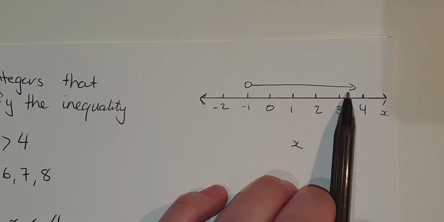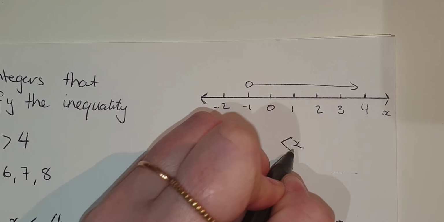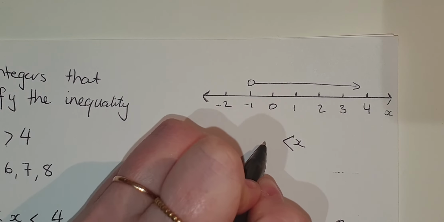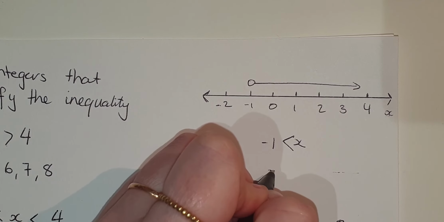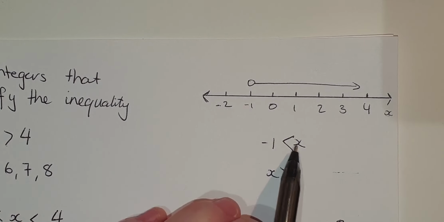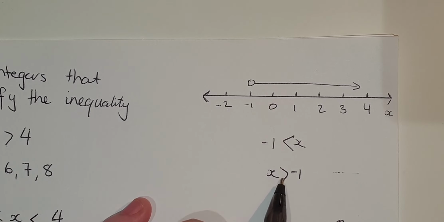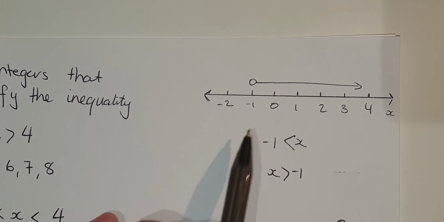Because our arrowhead is pointing up the number line, x must be greater than -1. Now you could write this like that, or you could write this like that. Both mean the same thing. x is on the bigger side of our inequality sign and -1 is on the smaller side. Both are perfectly acceptable.